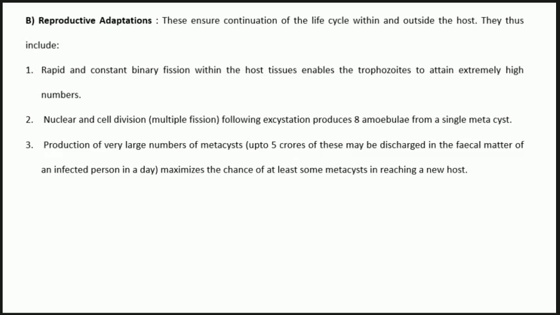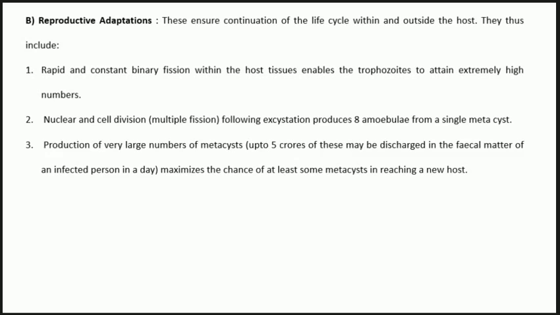A very large number of metacysts are produced, up to 5 crore in a single discharge of fecal matter. See, very important, their number itself ensures that they will survive outside also. Up to 5 crore are discharged in a single fecal matter of the infected person.